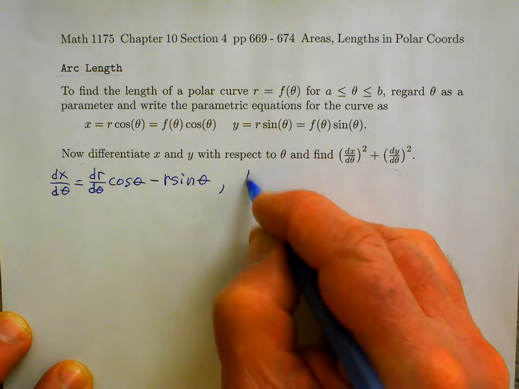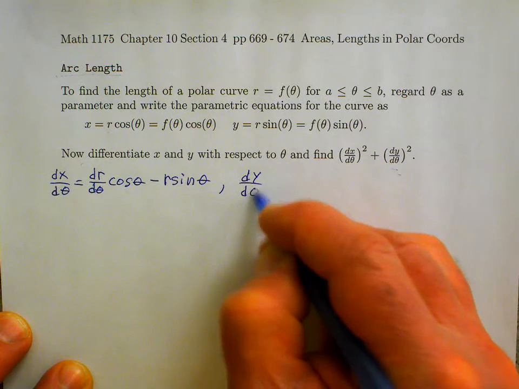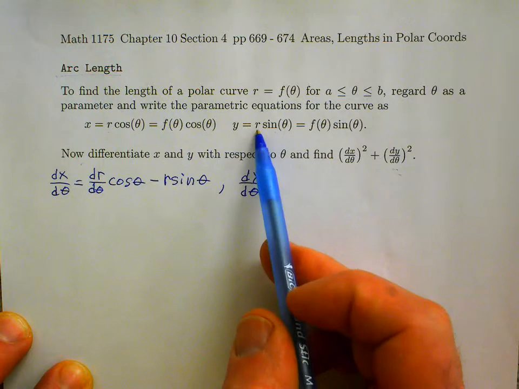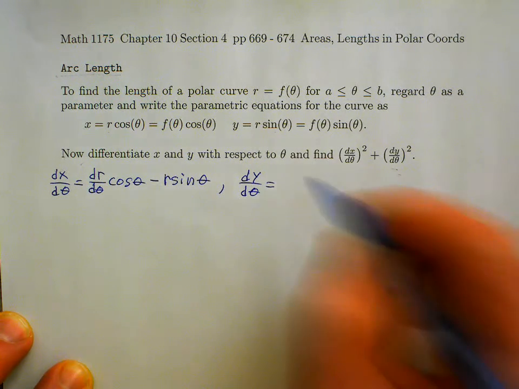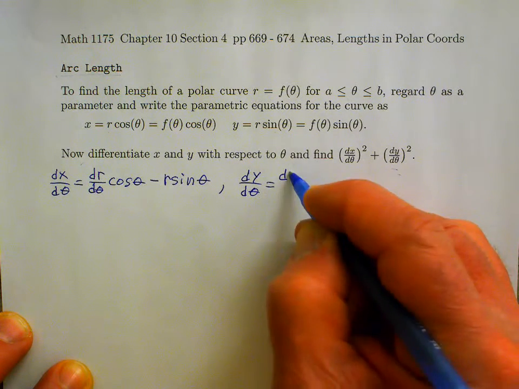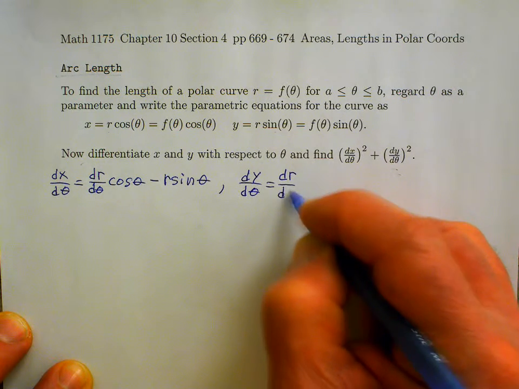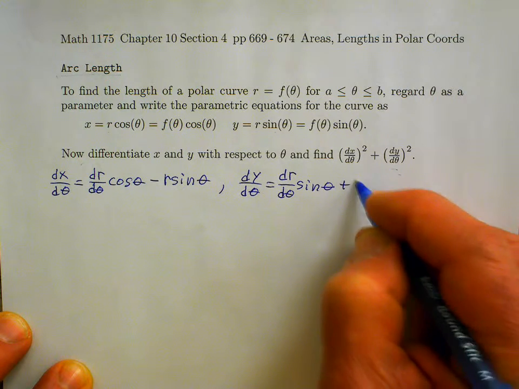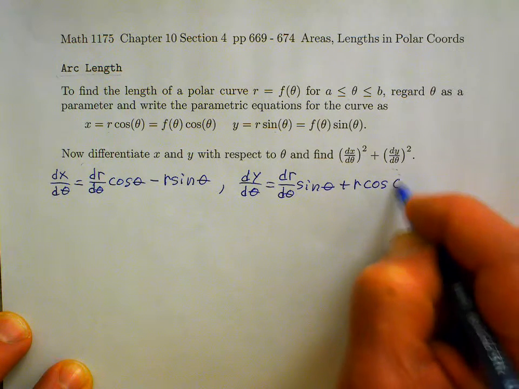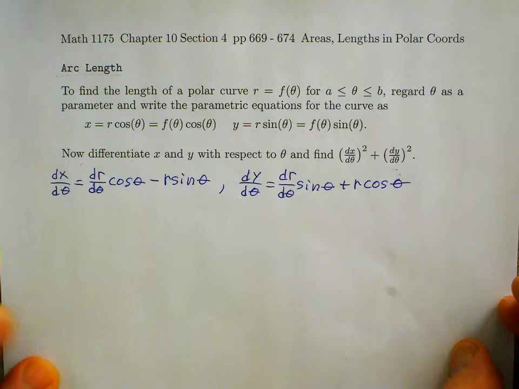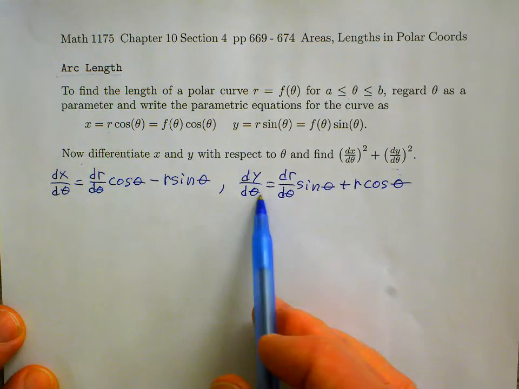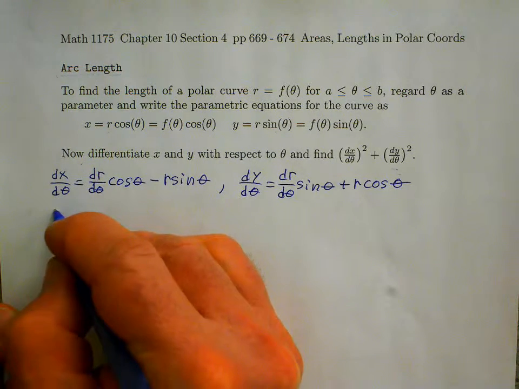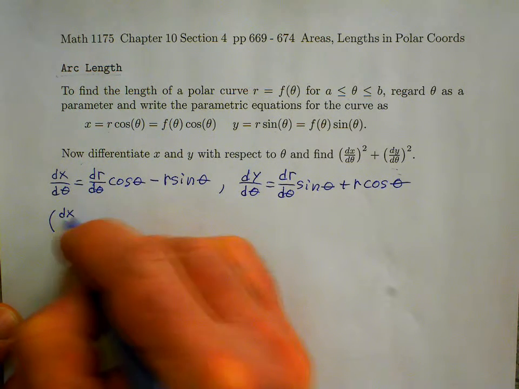And then find the derivative of y with respect to theta. So y is r times sine of theta, and r is a function of theta. So the product rule again. We have the derivative of r with respect to theta times sine of theta, and then plus r times cosine of theta. Now we want to square each of those and add them. So it might be better if I just square each one first.